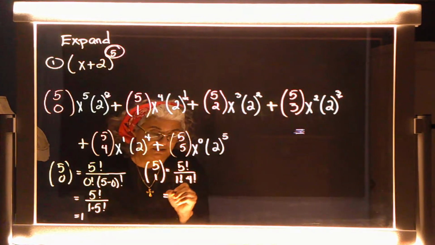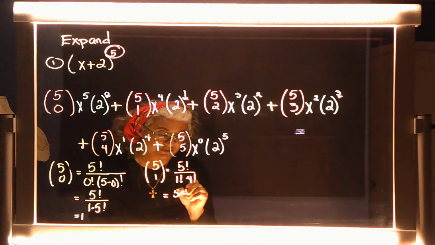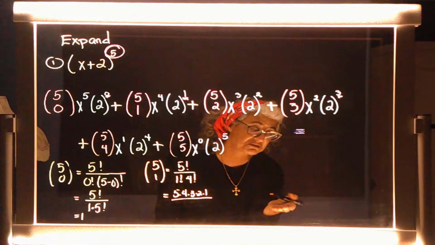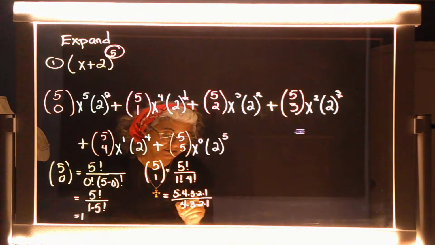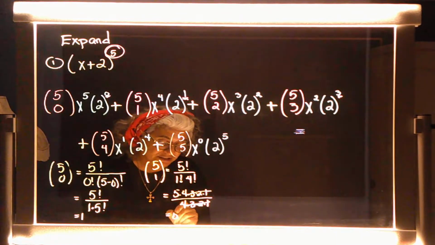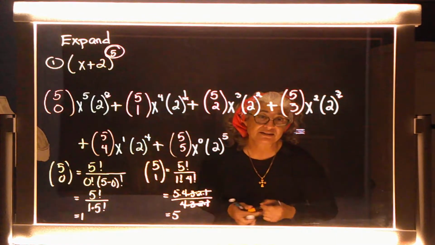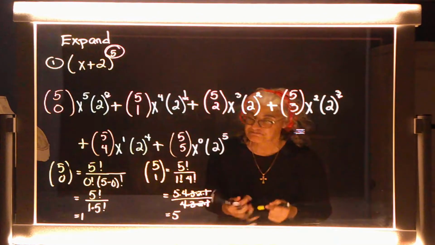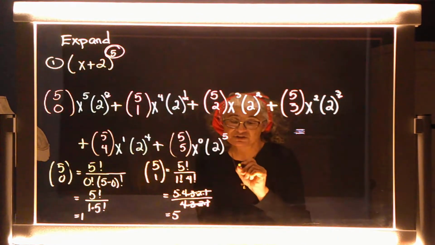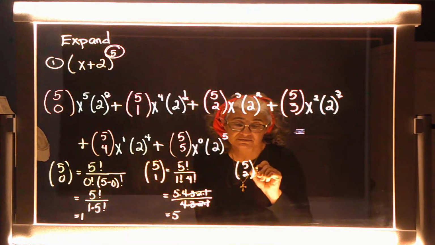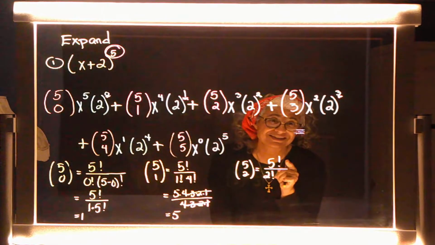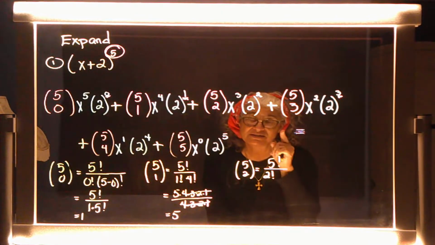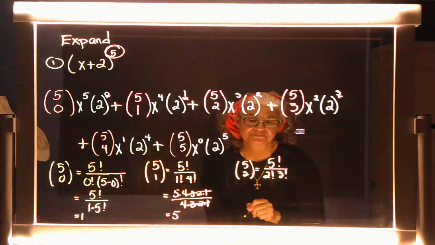Okay, so 5 factorial is 5 times 4 times 3 times 2 times 1. 1 factorial is just 1. 4 factorial is 4 times 3 times 2 times 1. Looks like these are canceling out, so I just get a 5 here. Does that make sense? Okay. We still have to do 5 choose 2. So that's 5 factorial over 2 factorial times, 5 minus 2 is 3 factorial.